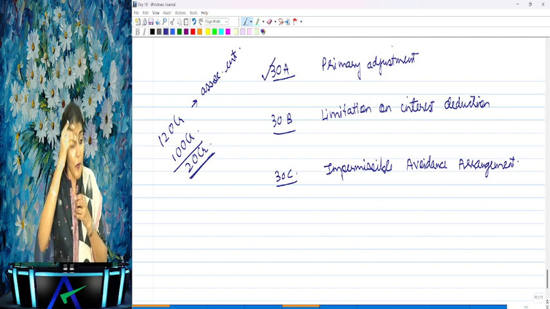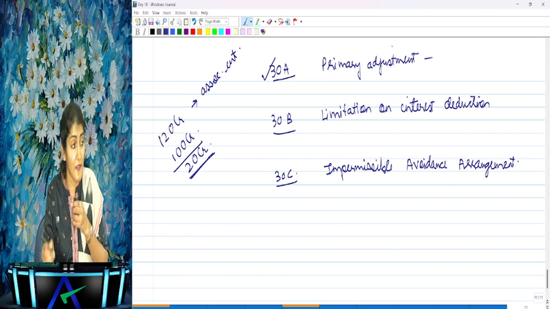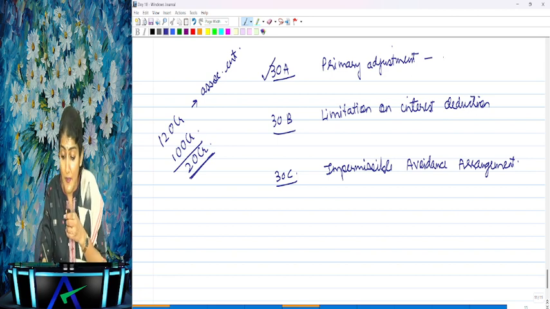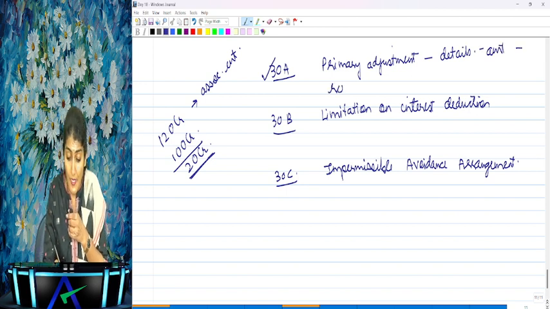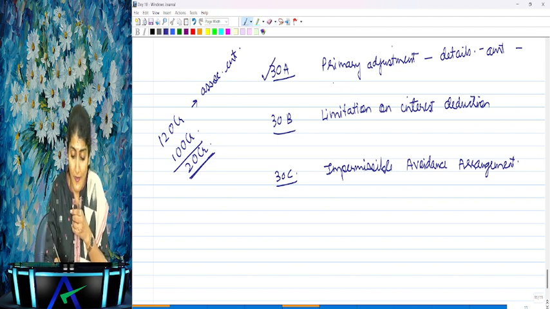So what does it say? Whether any primary adjustment is required to be done. If the adjustment is to be done, then what is the amount of such adjustment. Then whether the excess money has been repatriated to India. In my example, the excess money is 20 crore.